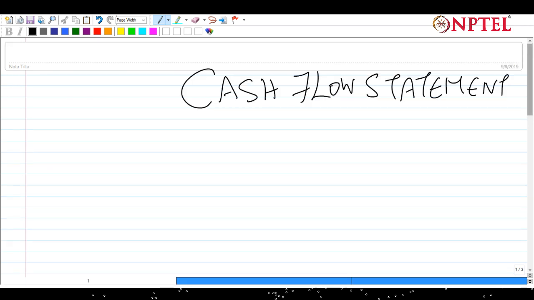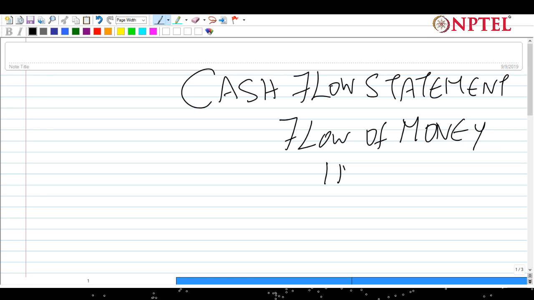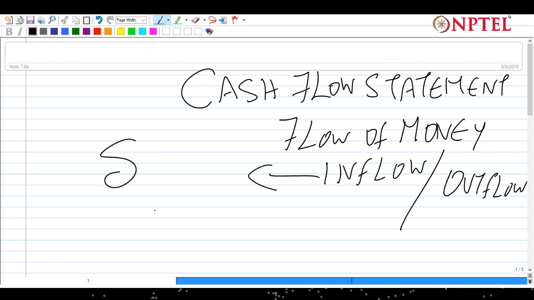Whereas when we talk about the cash flow statement, we talk about the flow of money, that is, inflow of money and outflow of money. This only tracks inflow and outflow of money for a specified period.